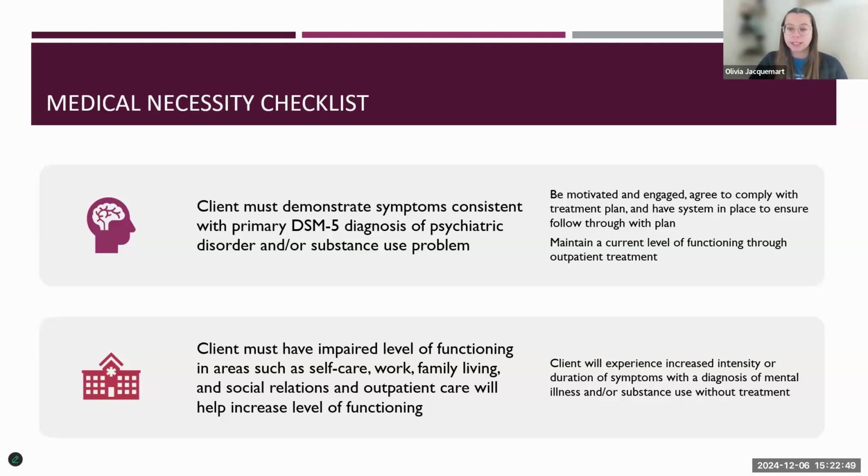The client will experience increased intensity or duration of symptoms with a diagnosis of mental illness and/or substance use without treatment. So without our help or without our support, they would get worse in their diagnosis and symptoms.